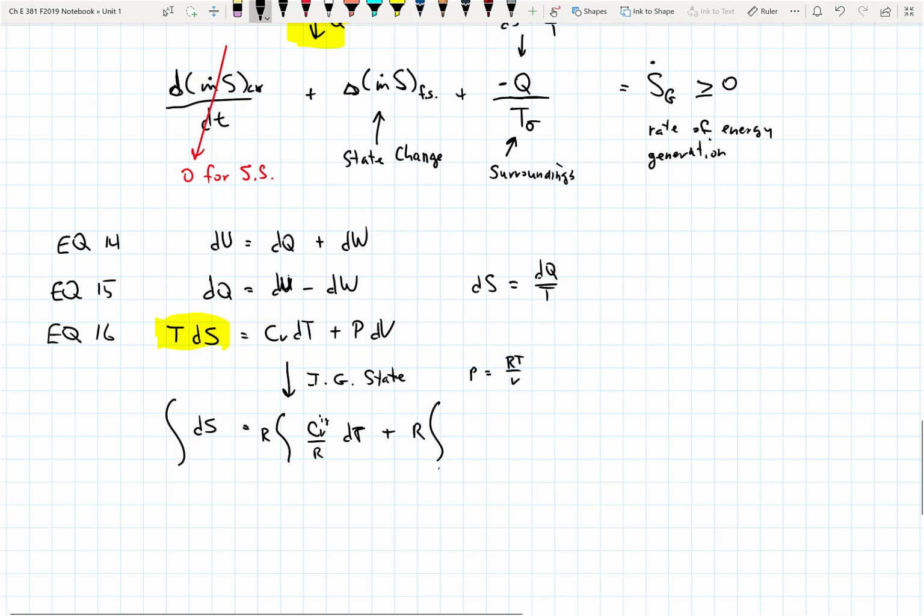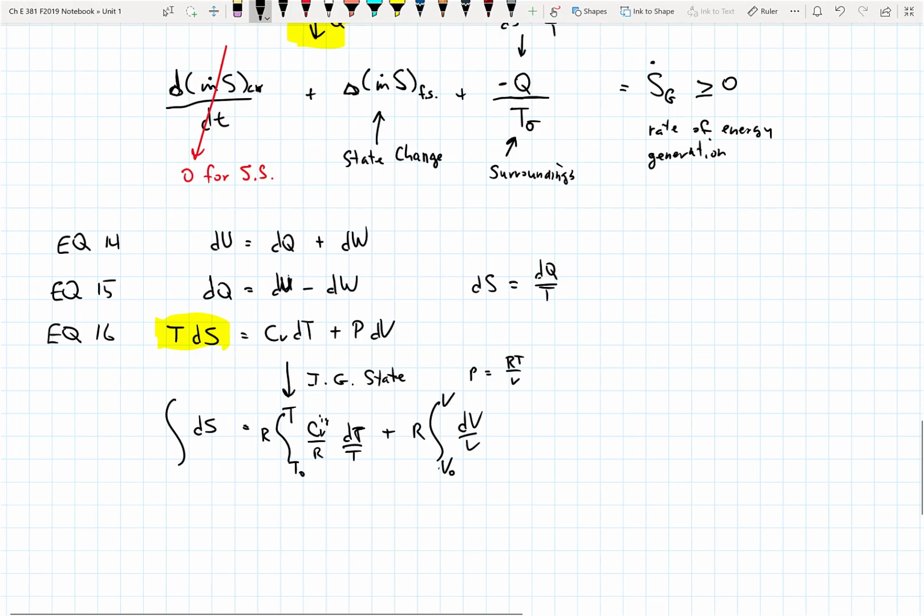So that's going to be RT over V. I divided through by T, so I need a 1 over T down here. And then I'm going to be left with just dV over V. And so the integration limits for the temperature integral are going to be from T0 to T. For the volume integral, it's going to be V0 to V.